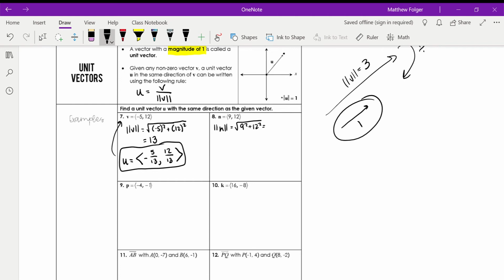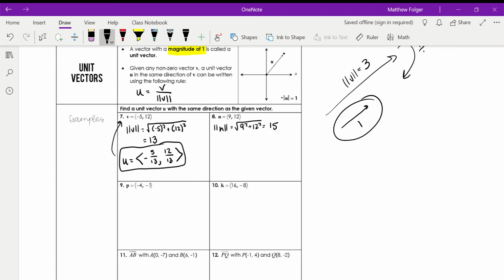Let me get my calculator out here. 225, and the square root of 225 is 15. So the magnitude of this vector is 15.